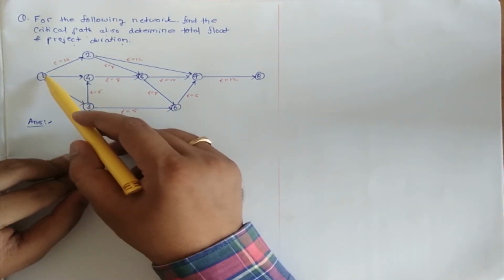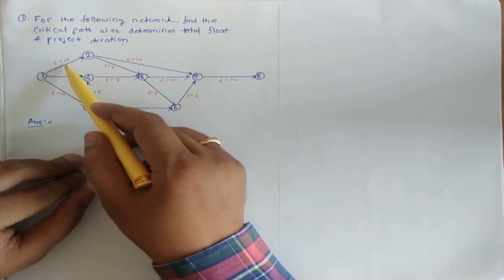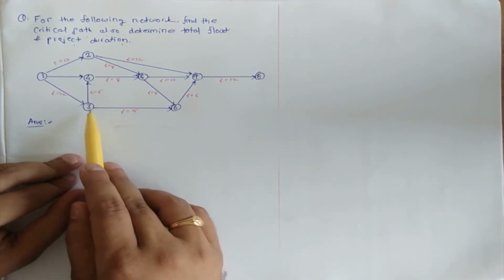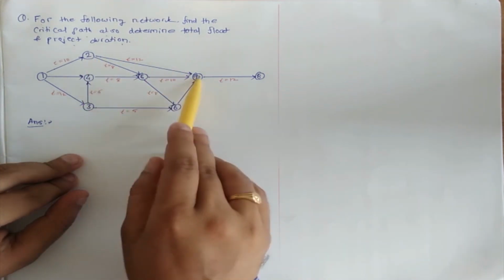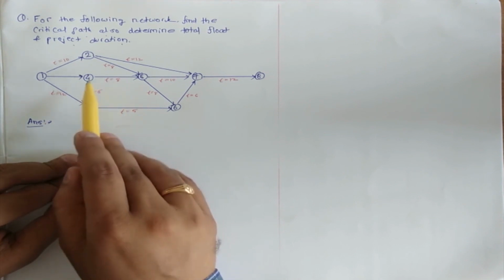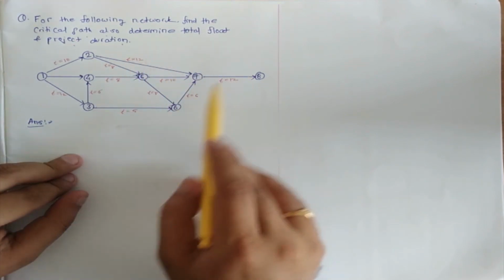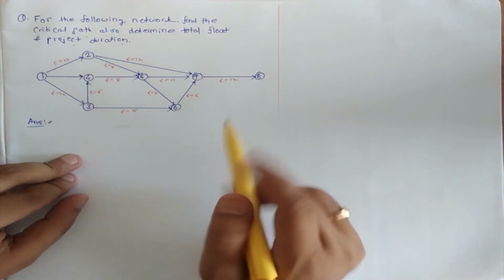So in the activity, from 1 to 2 the total time is 10, from 1 to 3 it is 12, 3 to 5, 3 to 6 it is 5, 2 to 7 it is 12, 4 to 5 it is 8, 3 to 4 it is 6, 6 to 7 it is 6, and from 7 to 8 it is 12.